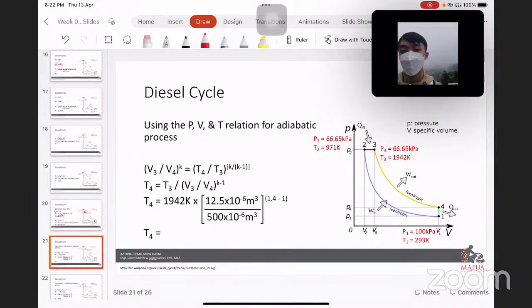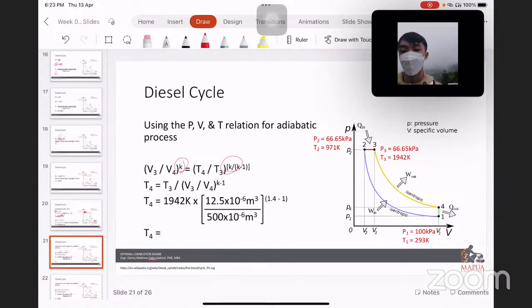Next. Using yung adiabatic process, similar to our process 1 to process 2, so process 3 to process 4, isentropic process using the adiabatic relationship. So, ginagamit na naman natin yung relationship ng specific heat at constant volume at saka specific heat at constant pressure.